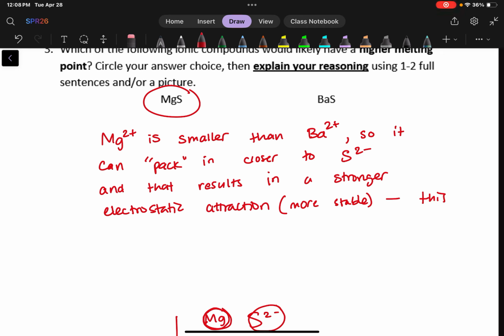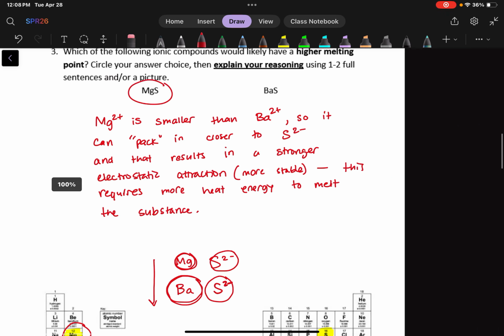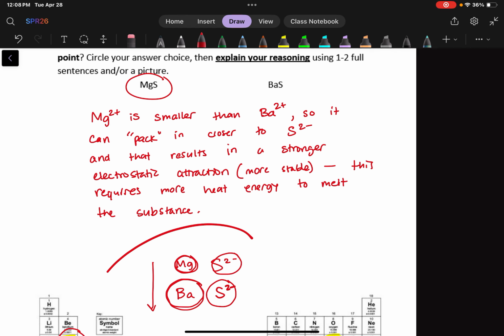This requires, wow, I'm wordy right now, this requires more heat energy or thermal energy to melt the substance. That would be probably a pretty good reasoning, and then you could even leave this picture there just to show your work a little bit.